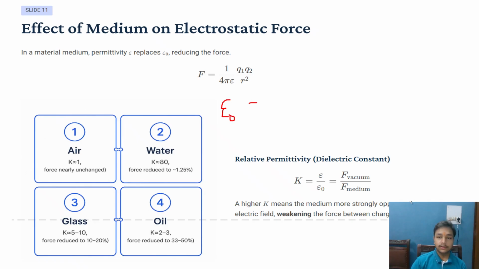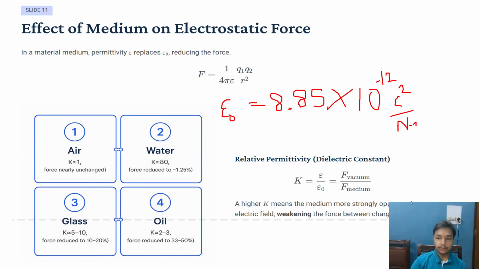Epsilon naught is equal to 8.85 multiplied by 10 to the power minus 12 Coulomb square per Newton meter square. Okay, so you must keep this value in mind, which is very important, that epsilon naught, the permittivity of free space, equals 8.85 times 10 power minus 12 Coulomb square per Newton meter square.